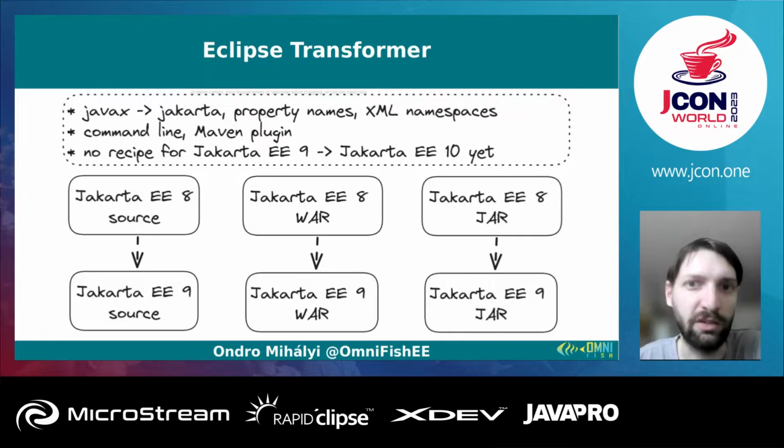I say most because I found some places where there is probably a bug in Eclipse Transformer and it misses some namespaces. But the idea is that it transforms everything to a modern version of your application. So everything it can find and can be transformed to be as new for Jakarta EE 9.